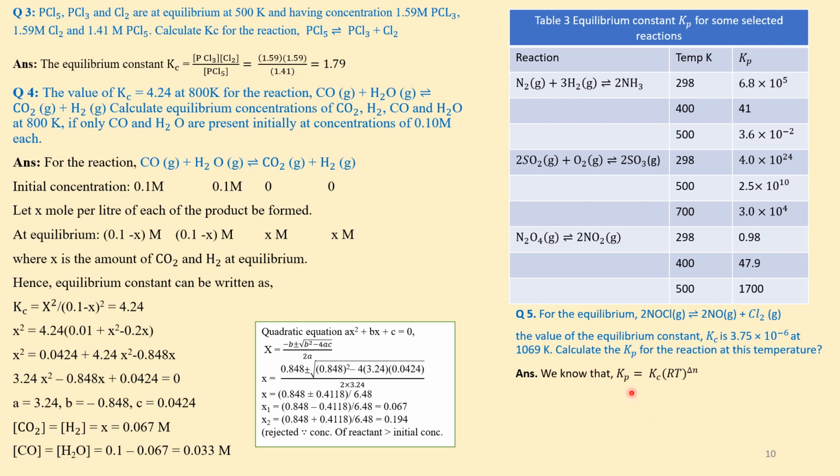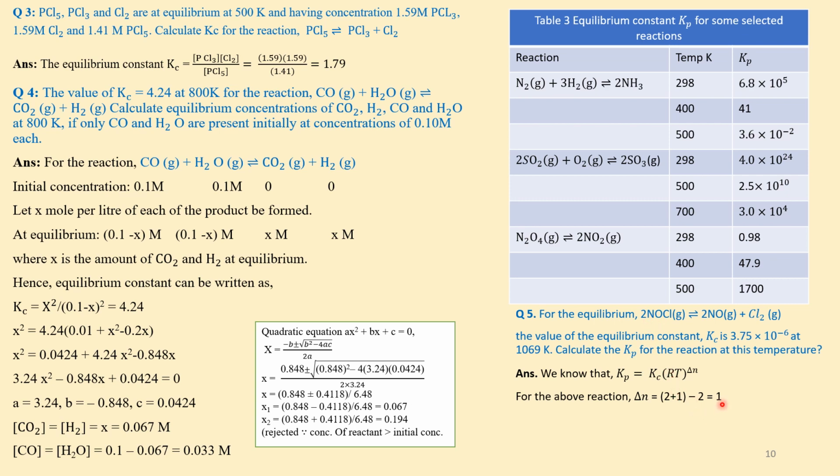Applying the formula, Kp is equal to Kc into RT to the power of delta n. So we have to calculate the value of delta n from the stoichiometric coefficients. Therefore, delta n is equal to the coefficient of products, which is 2 plus 1, minus the number of moles of reactants, that is 2.